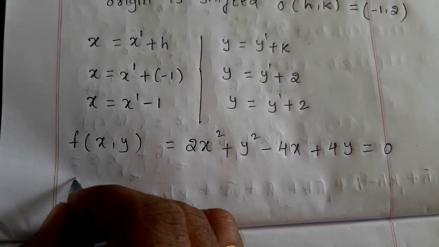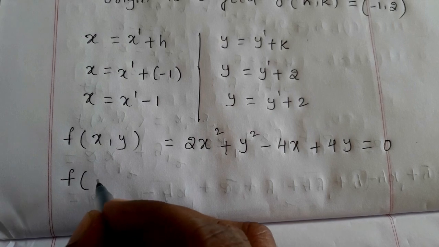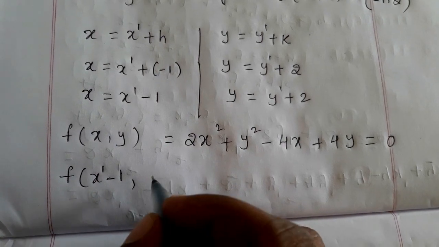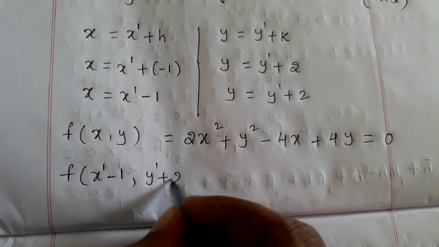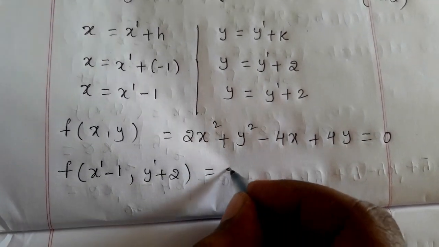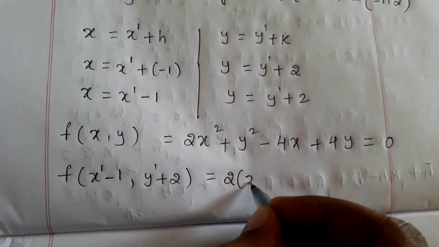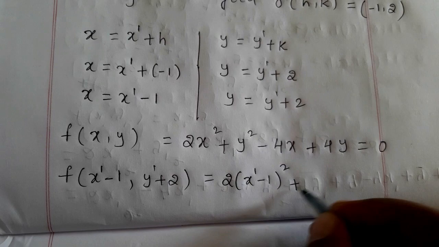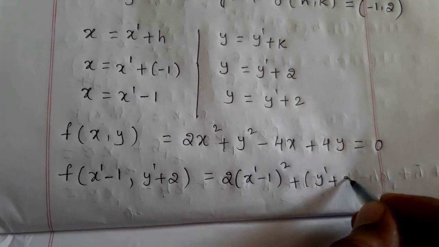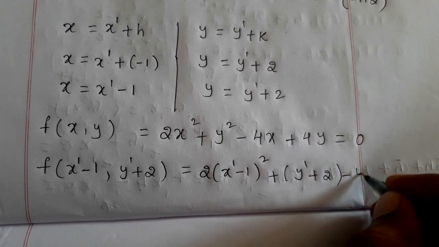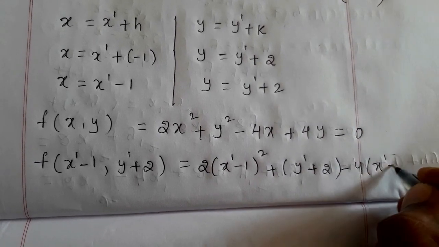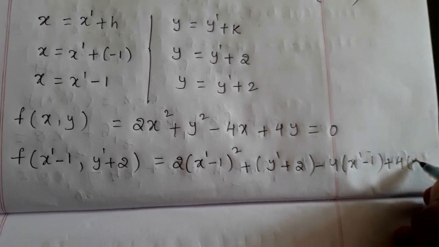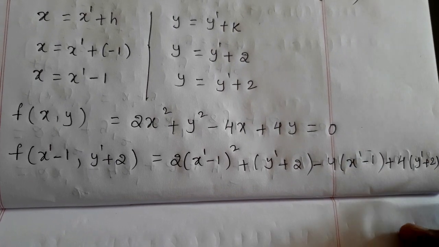Now substitute the x value, which is x' − 1, and y, which is y' + 2. So we substitute: 2 times (x' − 1)² plus (y' + 2)² minus 4 times (x' − 1) plus 4 times (y' + 2) is equal to 0.